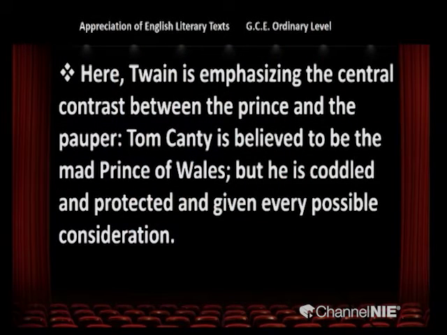Here, Twain is emphasizing the central contrast between the prince and the pauper. Tom Canty is believed to be the mad Prince of Wales, but he is cuddled and protected and given every possible consideration. No one spoke about that, you notice, and they pretended that they didn't notice his madness.